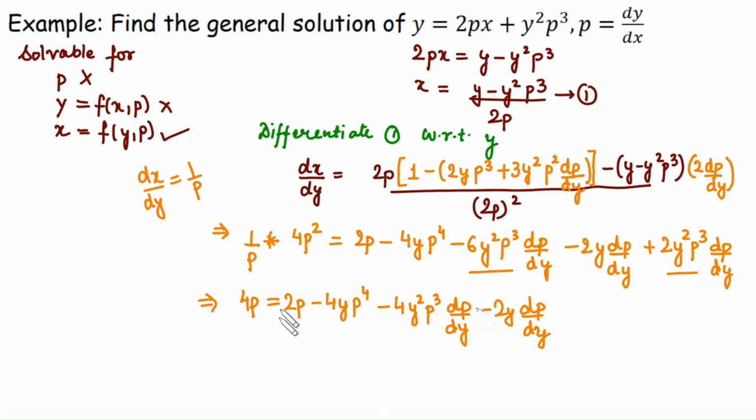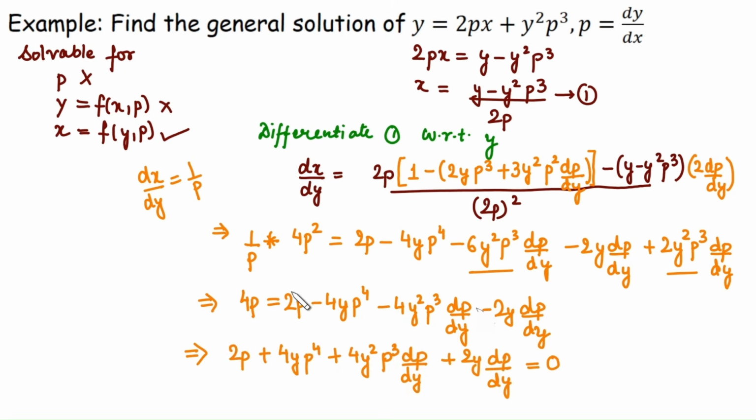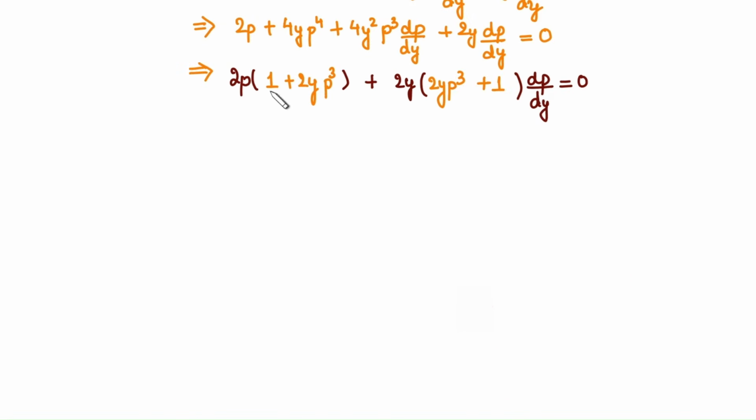Take all these terms on the left hand side and this results in this equation, where I have taken 4p minus 2p is equal to 2p and the rest of the terms are as they are. Now collect the coefficient of dp by dy and take the terms common from first to last. This results in this equation. Now check it.